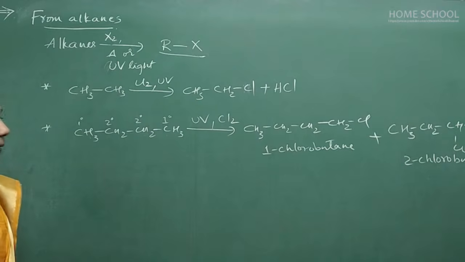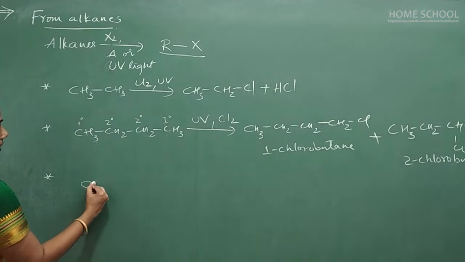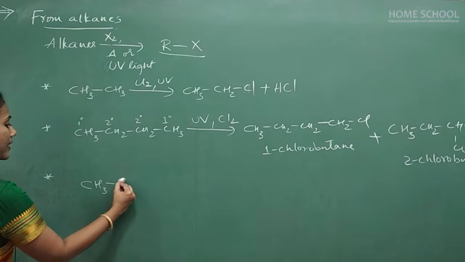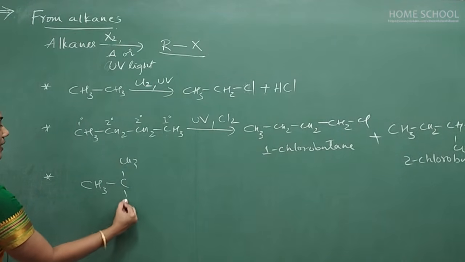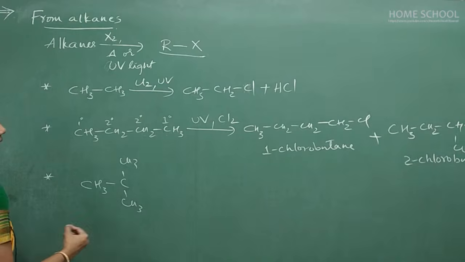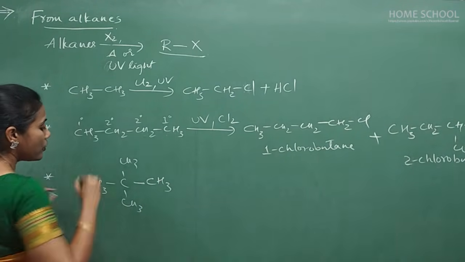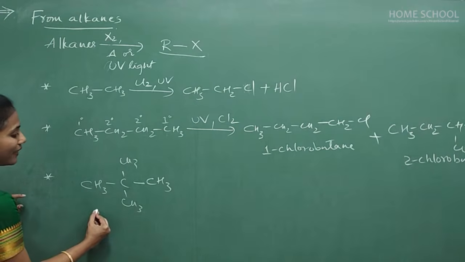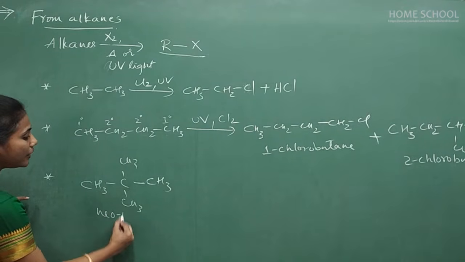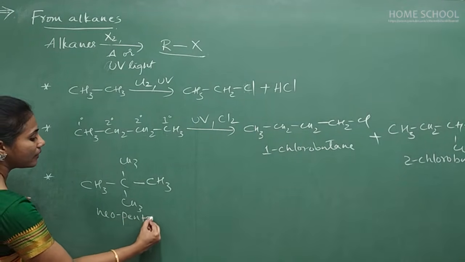Very, very important. And look at another example. Suppose I have CH3, CH3, CH3, CH3 around a central carbon. What is this? Neopentane, right? So this is called neopentane.